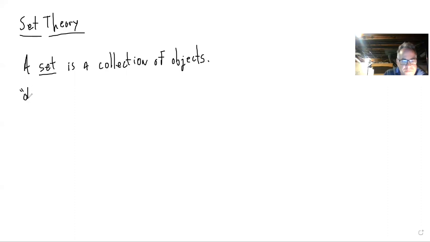The objects are called elements. So any one thing that belongs to a set is an element of the set.